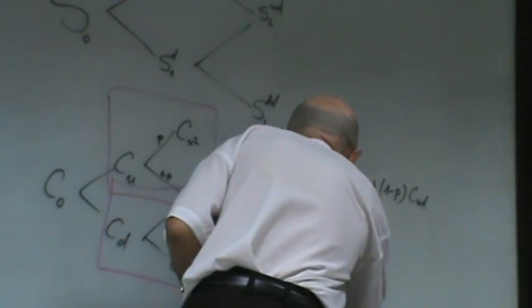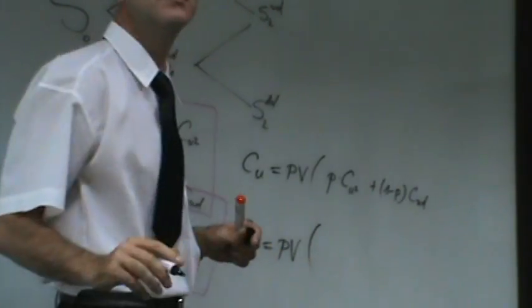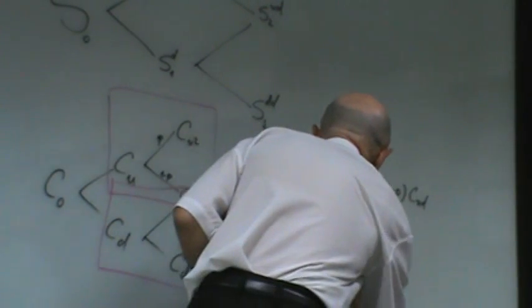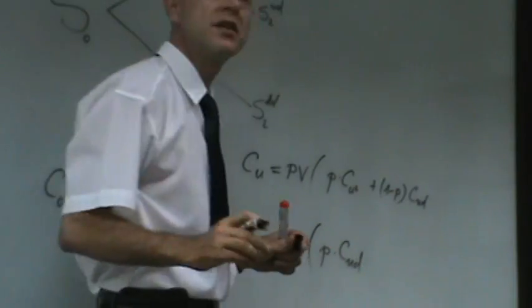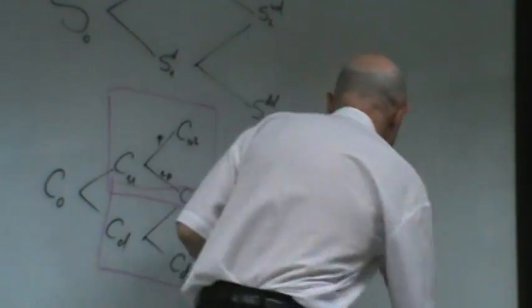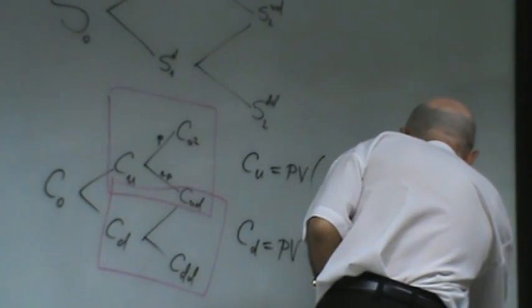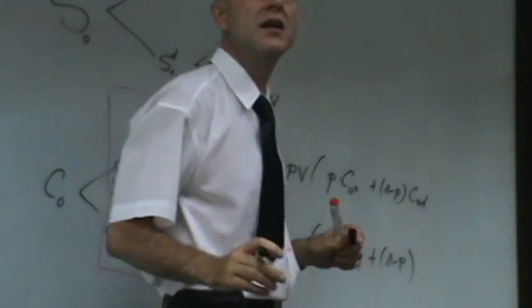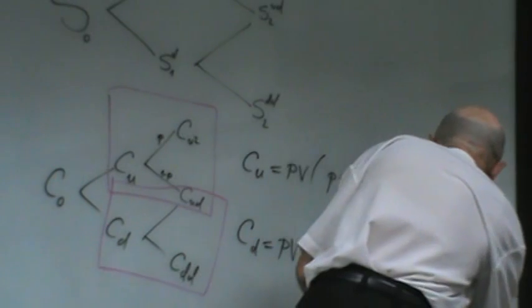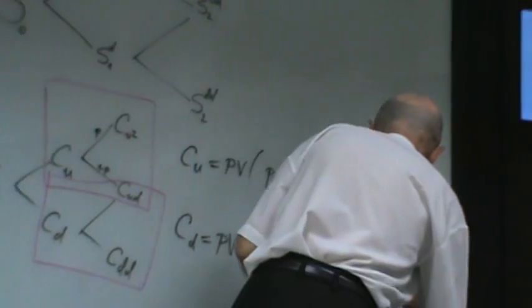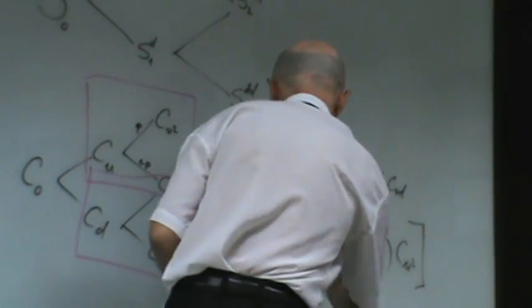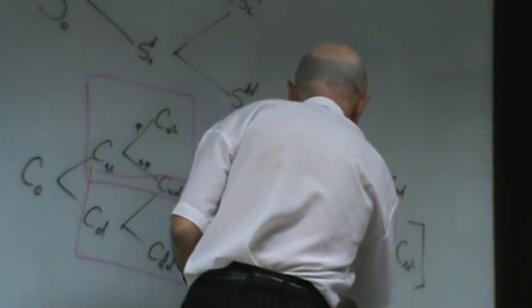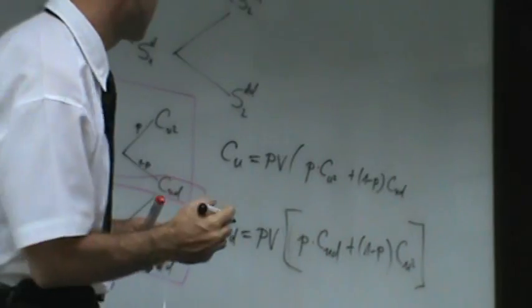PV, present value of P times CUD, right? Plus 1 minus P, and then CDD.